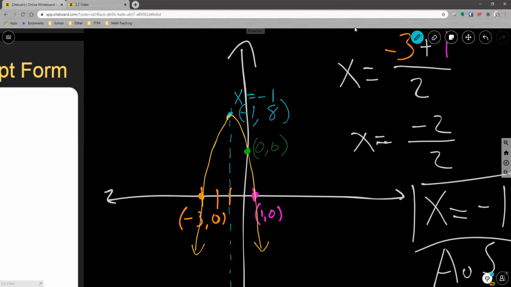Side note, remember the vertex also gives us the maximum or minimum. So also my maximum is 8 because that's the highest point on the graph. The graph goes all the way up to the value 8.